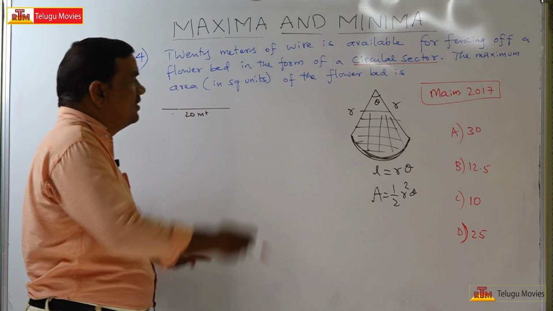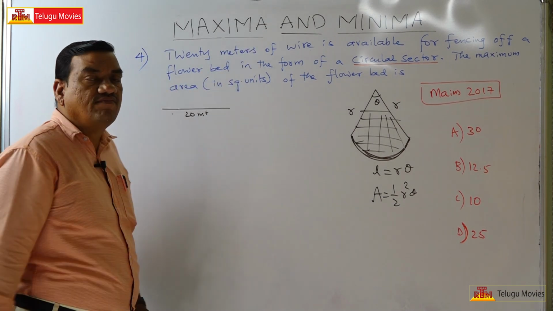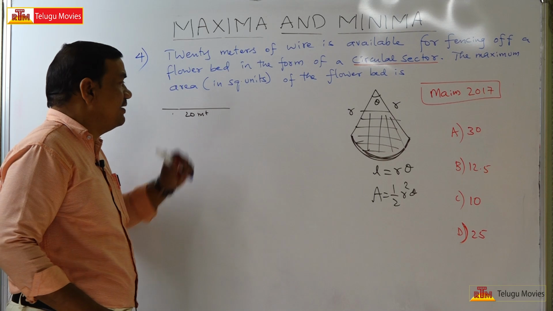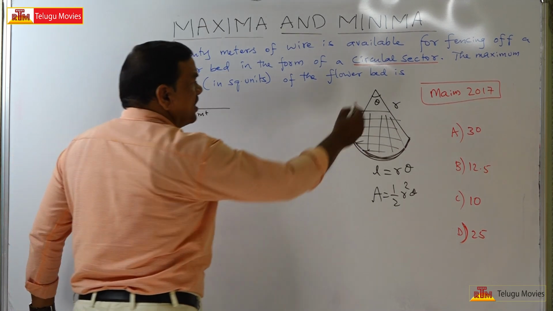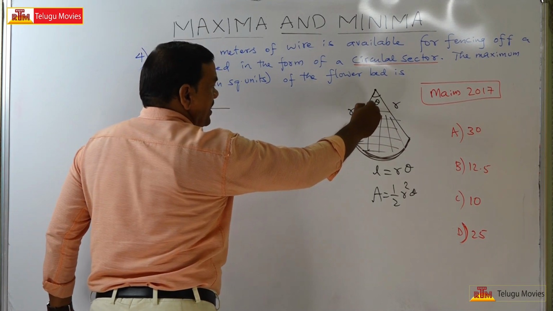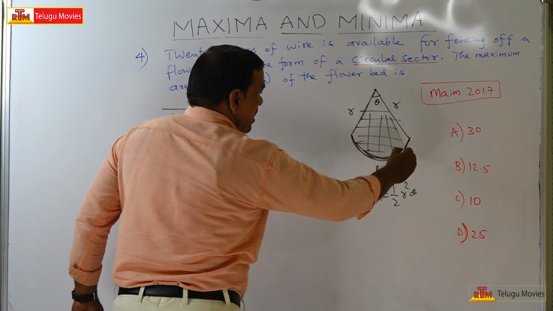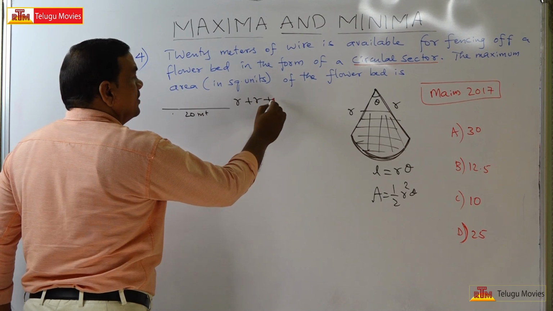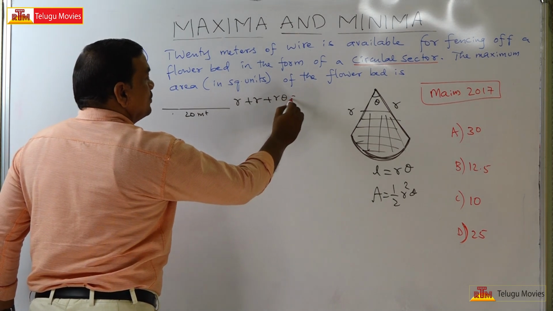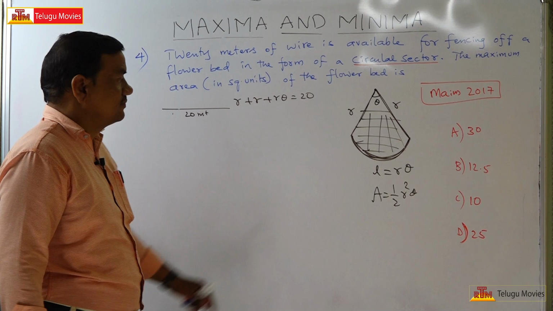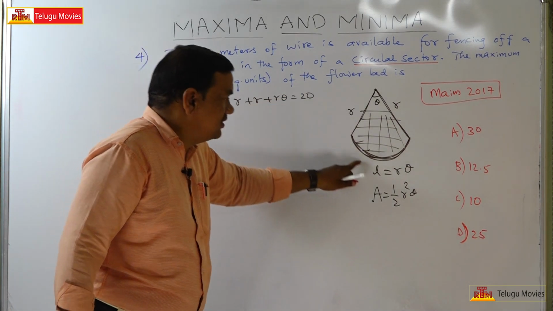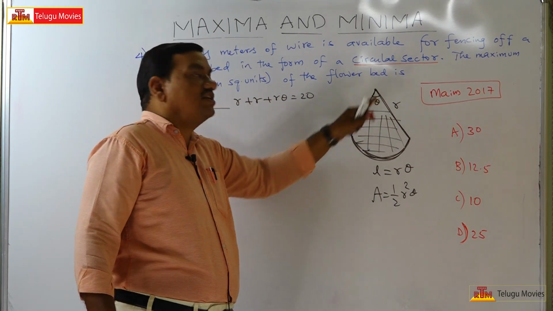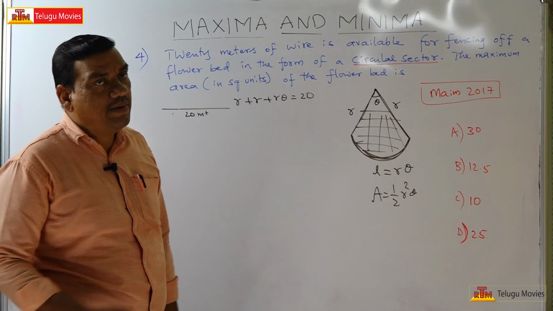What is that hint? The total circumference is equal to how much? 20 meters. The total circumference means the wire: r plus r theta plus r. This length is r, this length is r theta, and this length is r. That is equal to 20 meters.